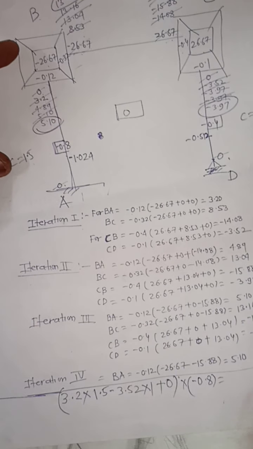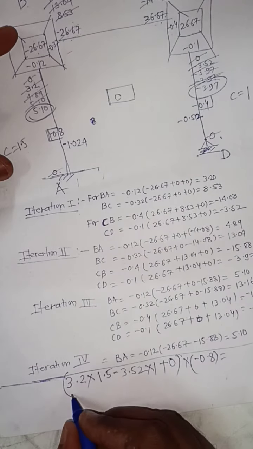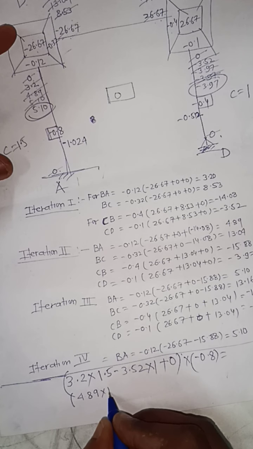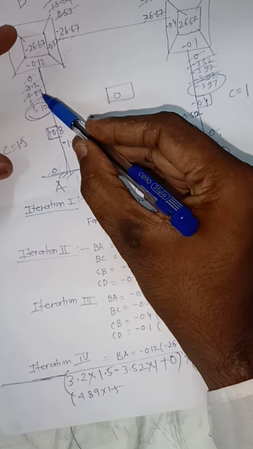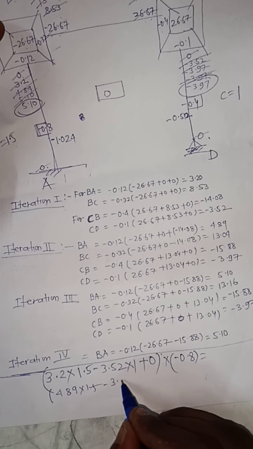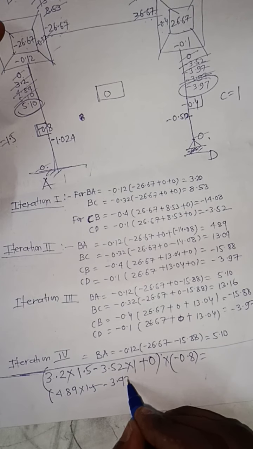Now for the second part we consider the second value. For the second value, we have 4.89 multiplied by 1.5, this is the first value, 4.89 into 1.5, in the second case minus 3.97 into 1, plus 0 into minus 0.8.